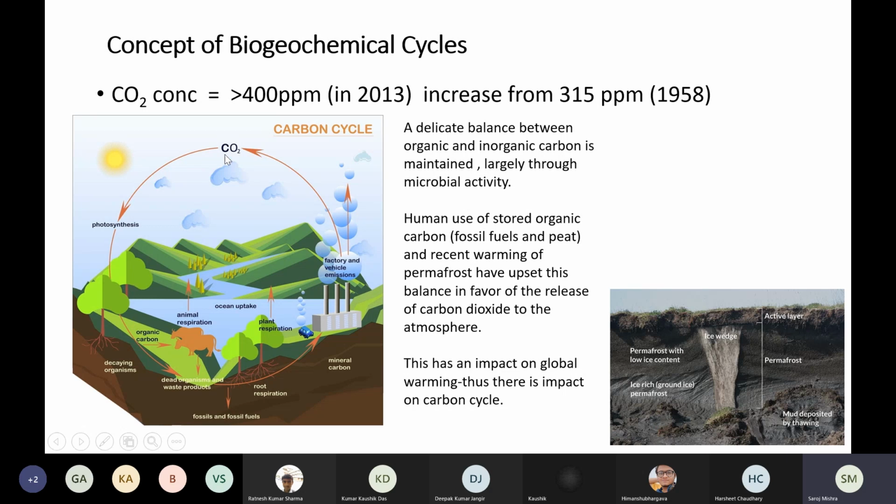Eventually this carbon is trapped in the form of biomass, so it is now organic carbon. Here the carbon is in the inorganic form, and here it is in the organic form. When plants take carbon dioxide, they fix it into carbohydrates and so forth, so it is organic carbon right here. So it is trapped.